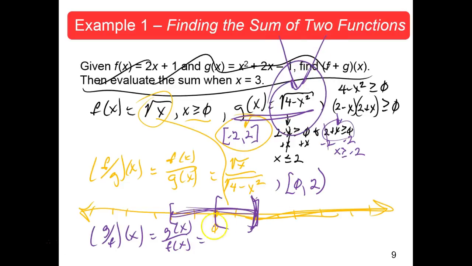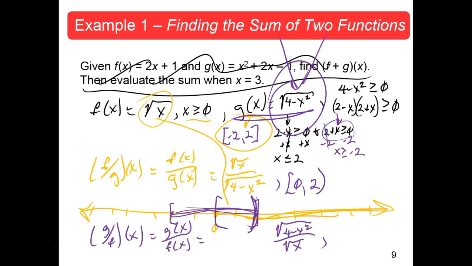Okay, the square root of 4 minus x squared divided by f of x, and what's that? The square root of x. Okay? And certainly you have to have that same limitation on the domain that we had from the two functions, which is 0 to positive 2, because those are the two functions we're dealing with.